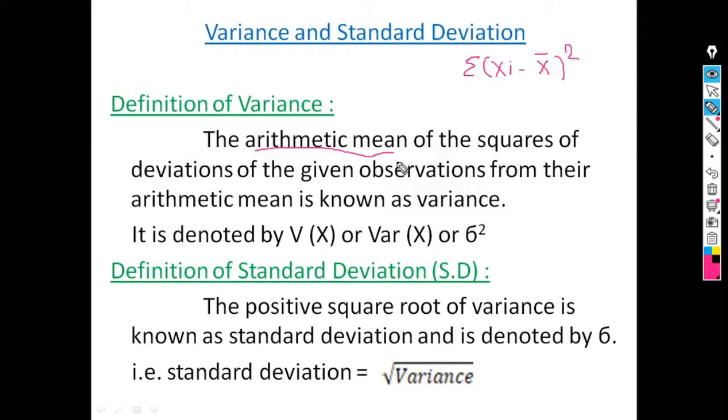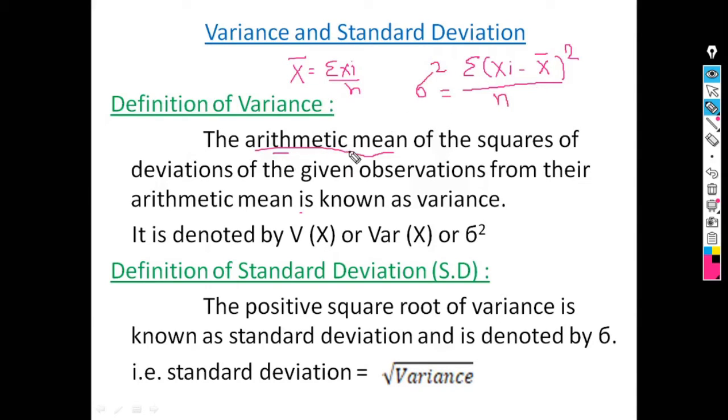It is the square of the deviation of the given observation from their arithmetic mean, and it is the arithmetic mean of this term. We know the arithmetic mean is x bar equal to summation of xi upon n, so for the arithmetic mean of the square of deviation, we have to divide by n. So this is the definition of variance for individual observations.